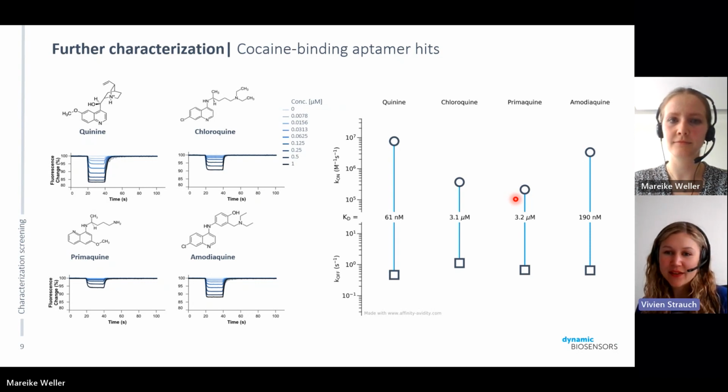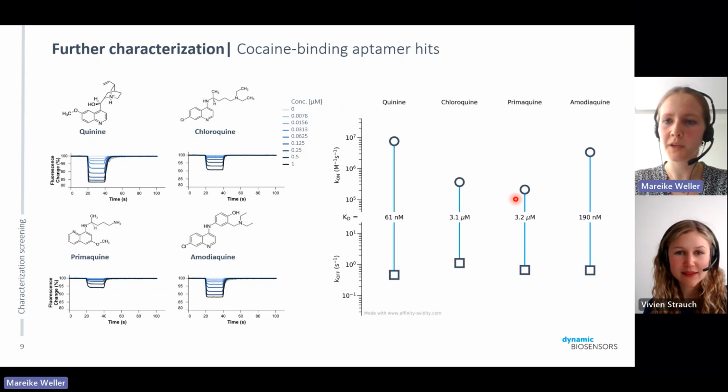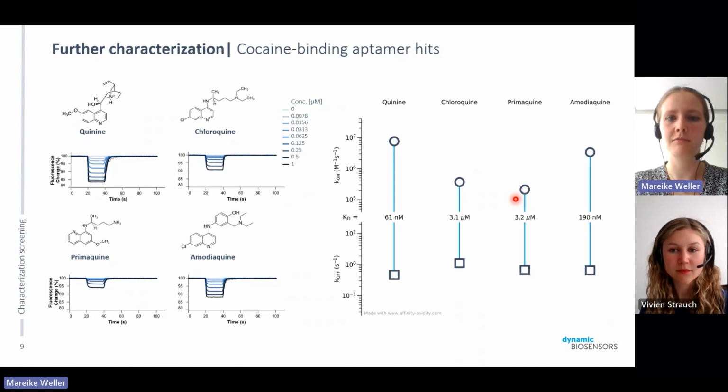Then there's the question how we solubilize poorly water-soluble small molecules. Do you have any insights on that, Mareike? Since we measure in a system where our fluidic component is based on different buffers that are water-based, I guess it's more challenging if you have small molecules that are only soluble in organic solvents. For water-soluble small molecules, this is the easiest you can go.